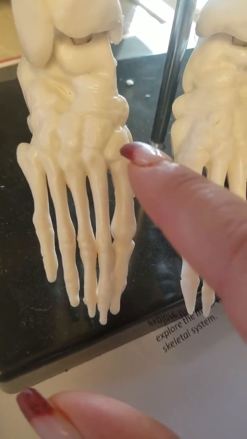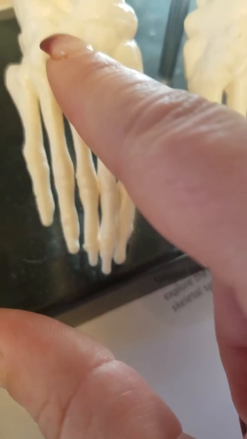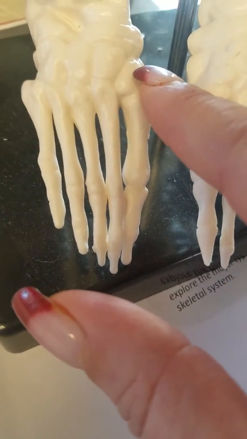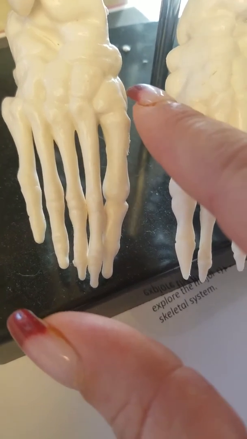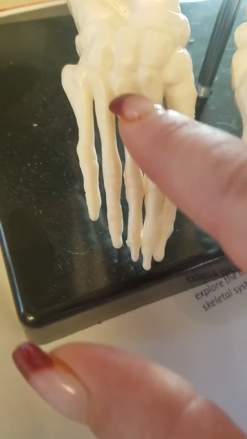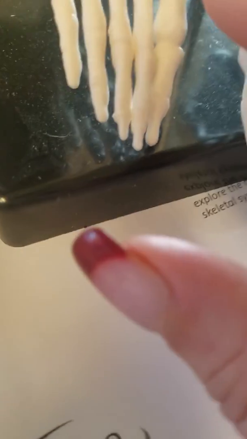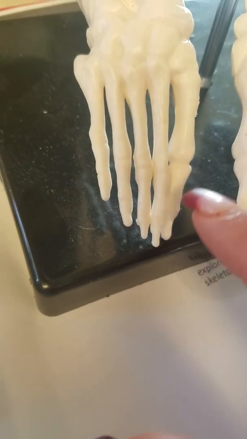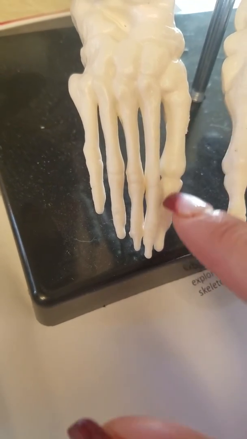And then we have the lateral, intermediate, and medial cuneiform bones. And then we have the metatarsals here, the phalanges down here, and this is the hallux, the big toe.